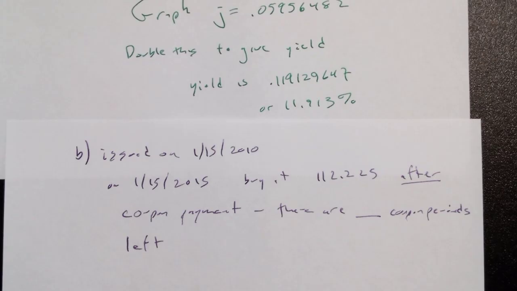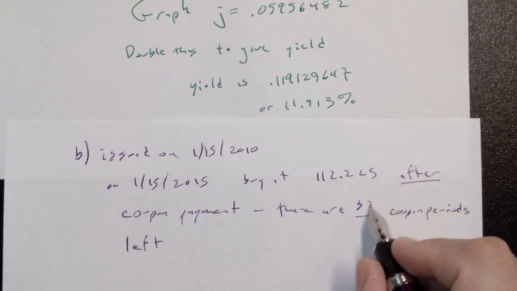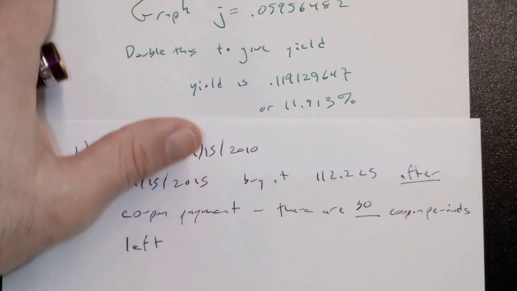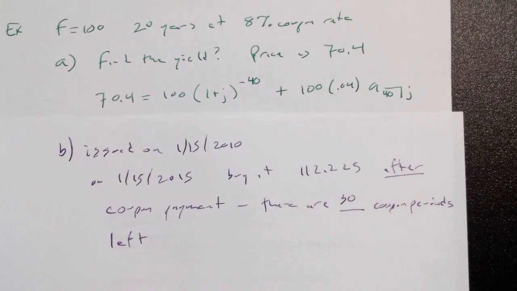Two periods in 2010, 11, 12, 13, and 14, right? So 10 periods have gone by. Out of 40, there are 30 left. So that means that this price has to satisfy the same equation we used there, only with n equals 30 instead of 40.